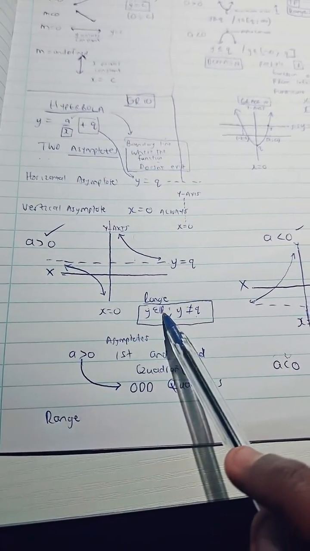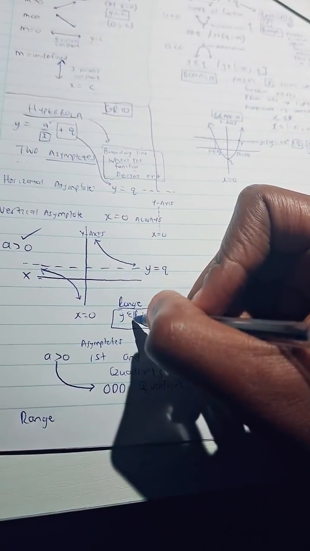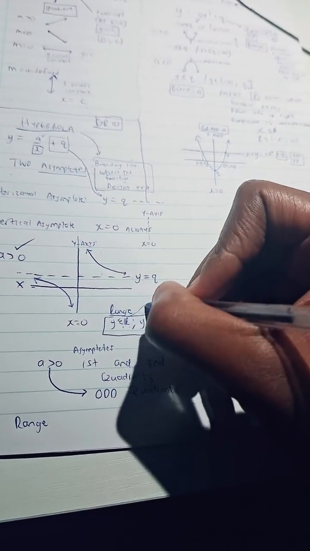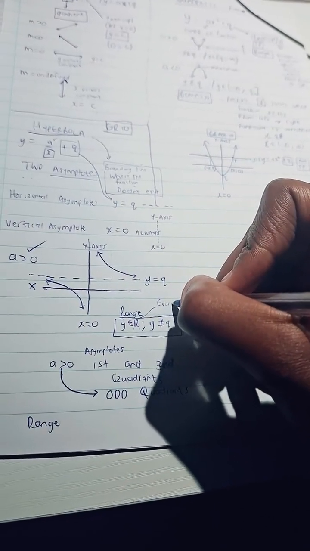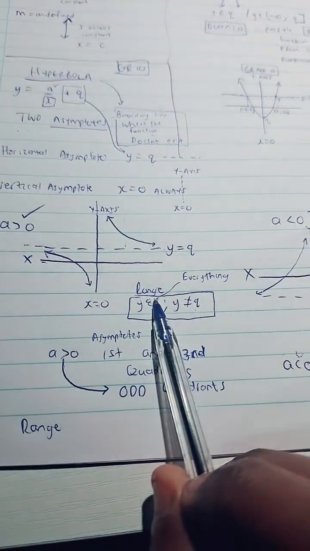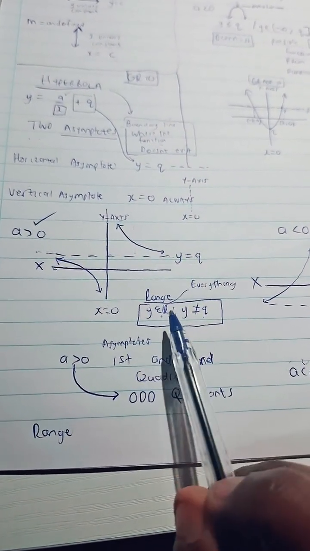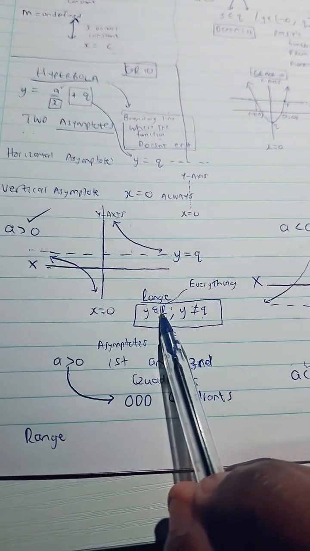So that's why we say y is an element of R. I usually say to learners, for this R, element of R, just know the word everything: for all y values, for everything that is y.